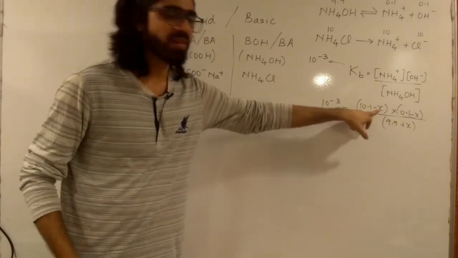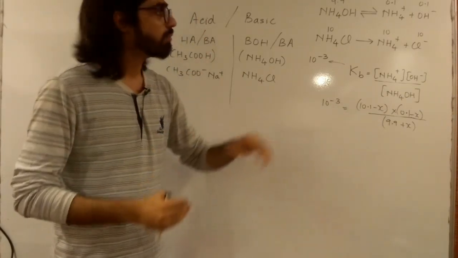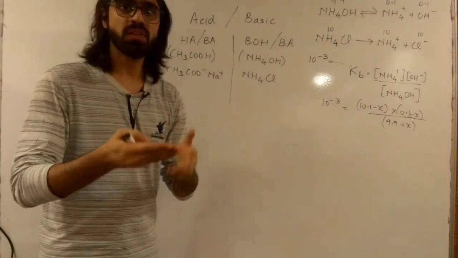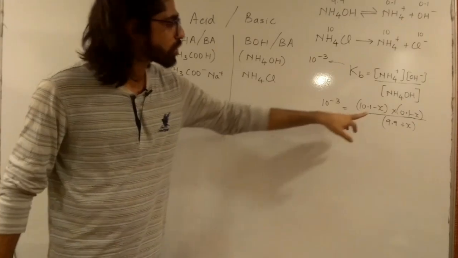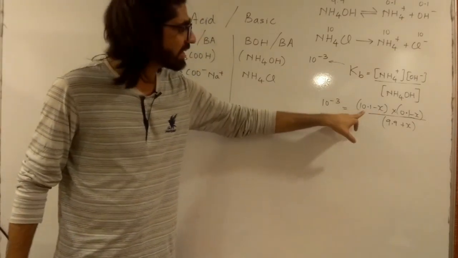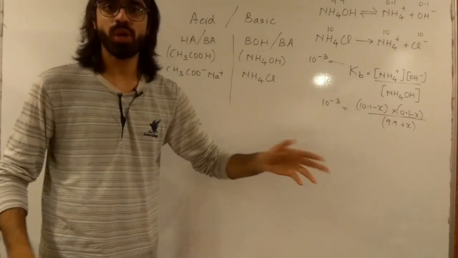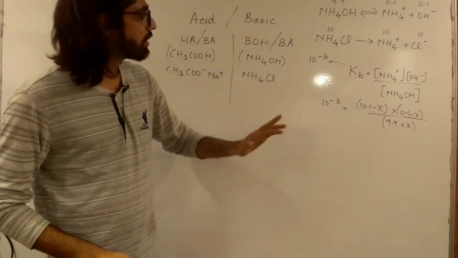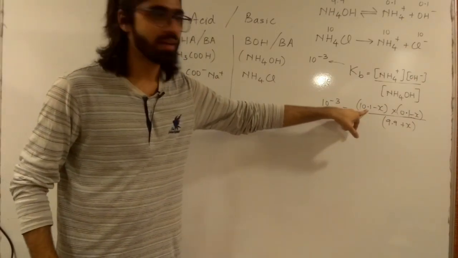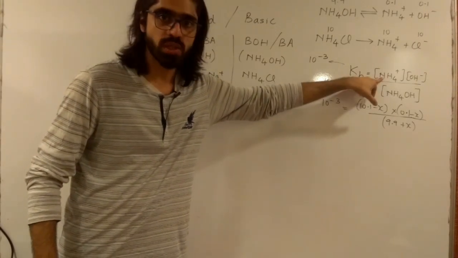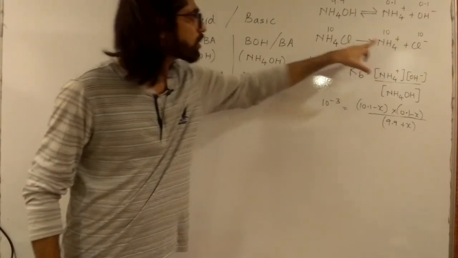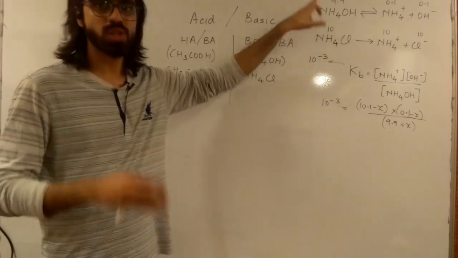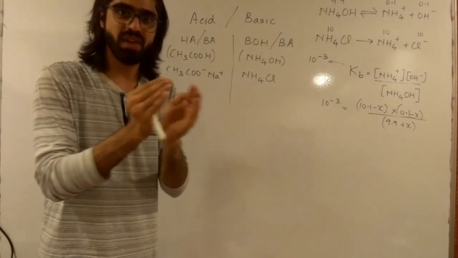Now X will be a number lesser than 0.1, because out of 0.1 some number of moles got recombined. So that will definitely be less than 0.1. So X is less than 0.1. And 10.1 minus a number less than 0.1 will be approximately equal to 10 only. The inference is this number is approximately 10, and that is the NH4 plus concentration. But that 10 came because of this. So my point over here is, NH4OH was a weak base, so it dissociated very little.